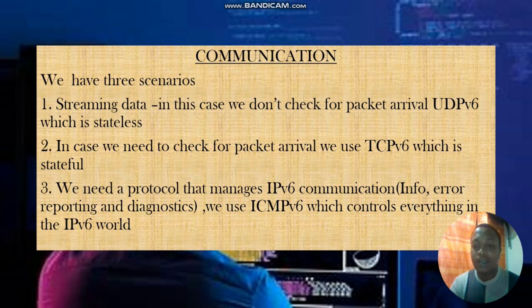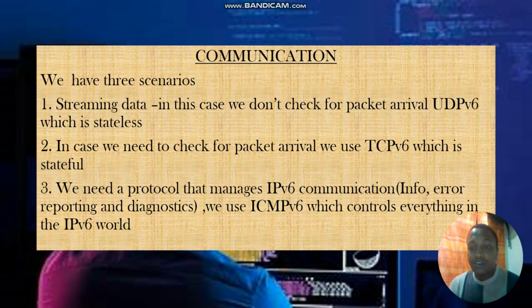So whenever there is an error in a device in a network, it uses ICMP version 6 to communicate and say that I'm currently down, so you need to allocate another server or another device to that specific task, or whatever diagnostics you're going to assign to that failed device.